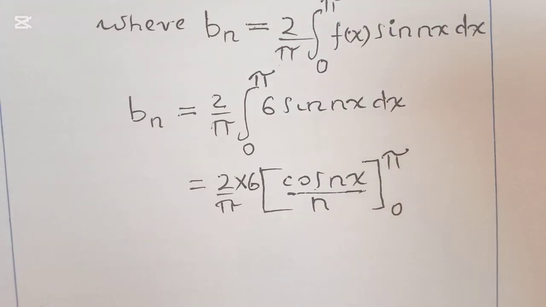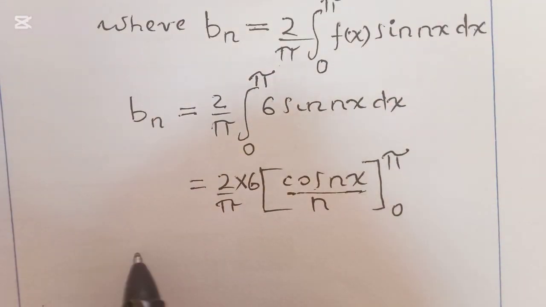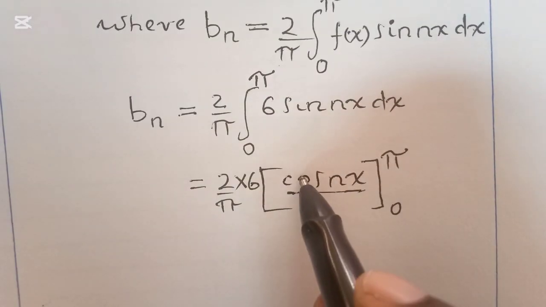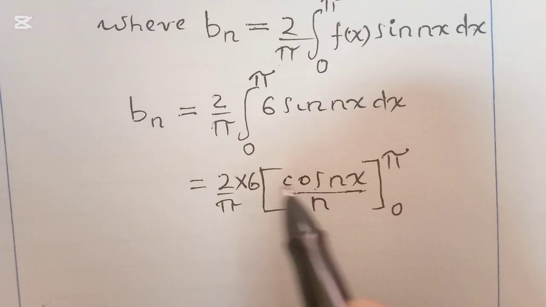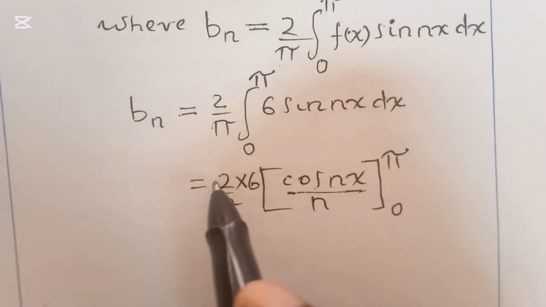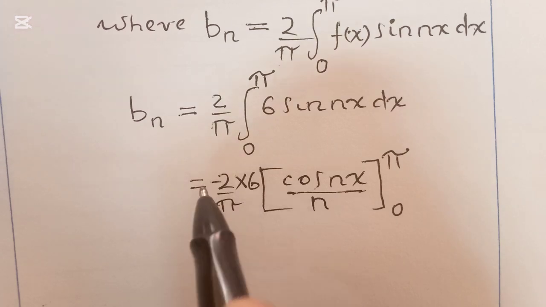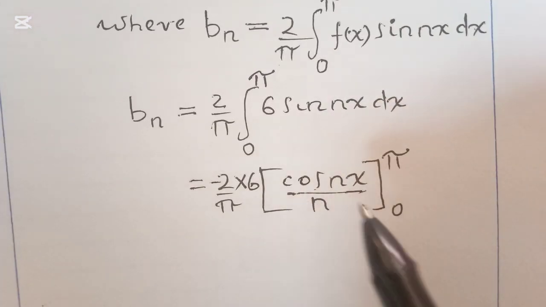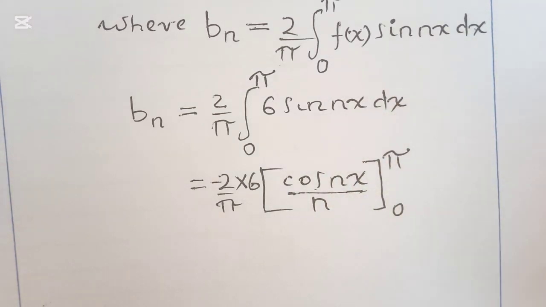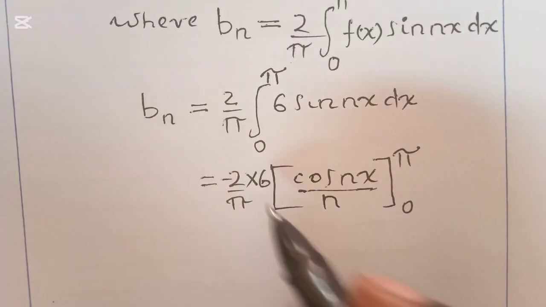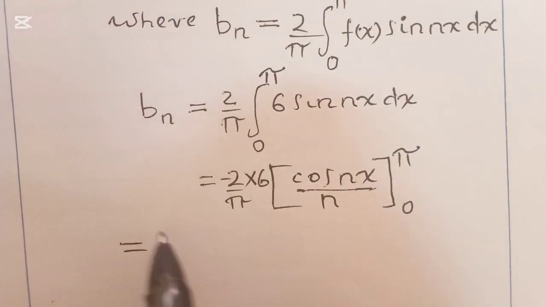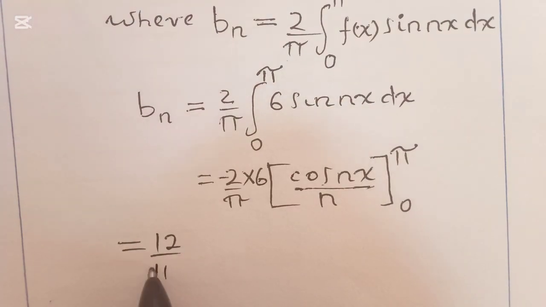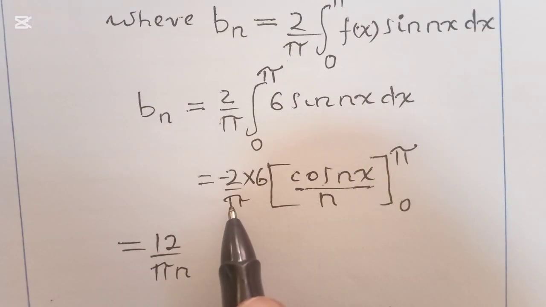Before we replace, we have not factored the negative, because the integration of sine is negative cos. So this one will be negative 12 all over pi n, we can factor out pi n.